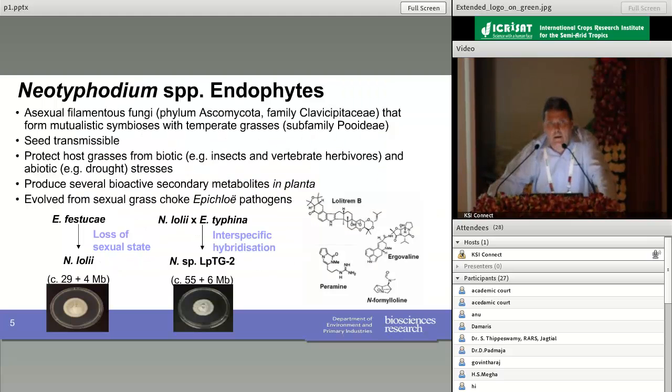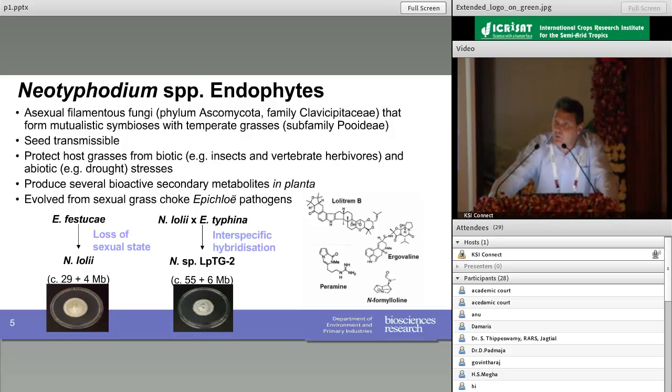And specifically, we'd like to introduce, rather than the target species, the target plant, namely perennial ryegrass, some of the endosymbionts that play a key role in ultimately pasture performance. And these are fungal endophytes of the genus Neotyphodium. These are asexual filamentous fungi, and they form mutualistic symbiosis with temperate grasses.